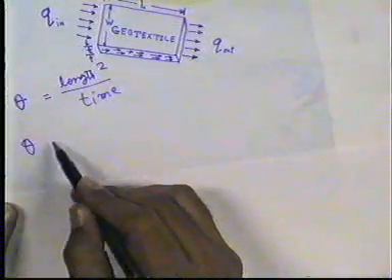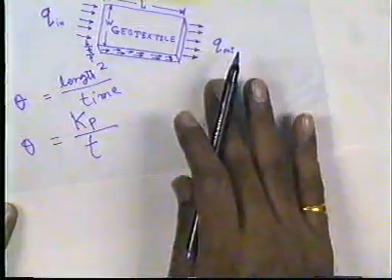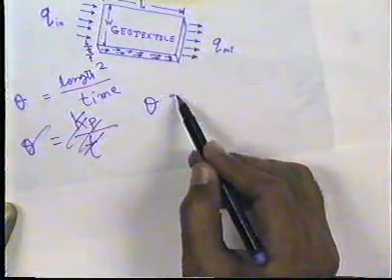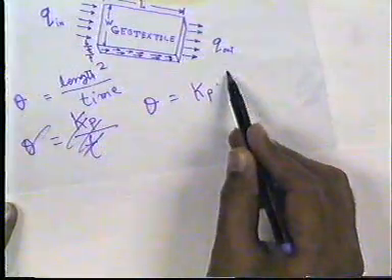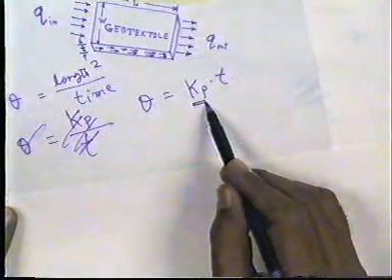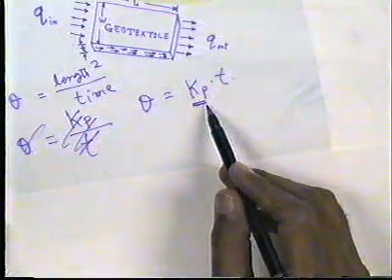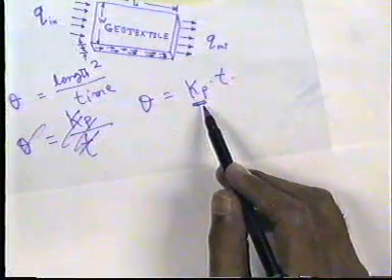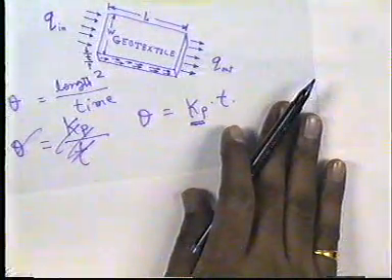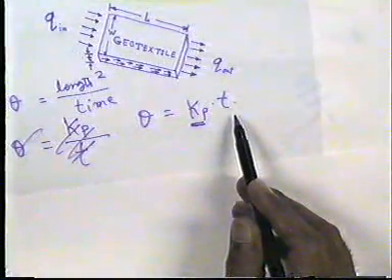Sorry, theta is equal to Kp into T. Now, this Kp is in centimeter per second, that is the permeability coefficient in the plane of the fabric, and T is the thickness of the fabric.